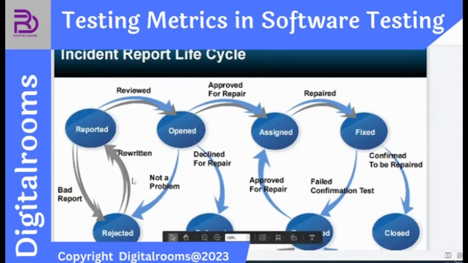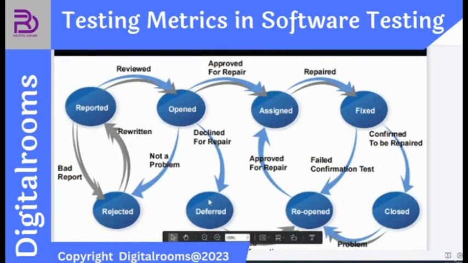It depends on whether whatever we have documented is correct or not. If it is not related to development or is already done, then it will be rejected. Is it a bad report? Then it will be reported again, opened again, and after opening it may be deferred. Deferred means declined for repair.